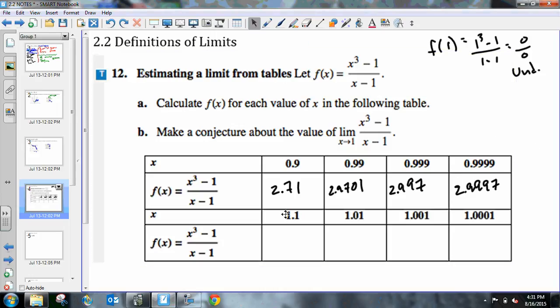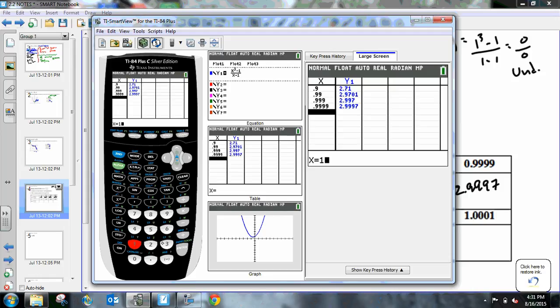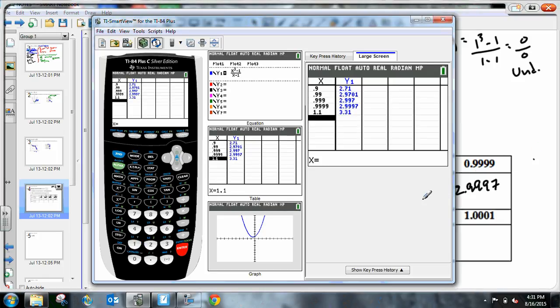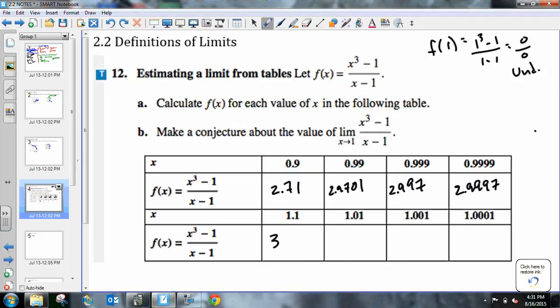Let's do the ones where we're getting closer and closer to 1 from the right. Start at 1.1, so let's plug that in. We get 3.31. Let me go back to my calculator.